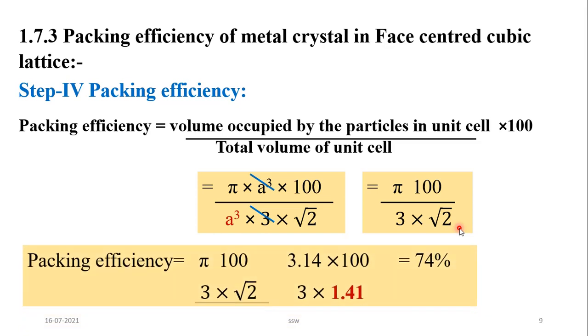If you solve this, then we get 74%. So pi into 100 divided by 3 into root 2, where the value of pi is 3.14 into 100 divided by 3 into the value of root 2, which is 1.41. If you solve this, the value is 74%. So the packing efficiency in face centered cubic lattice, cubic close packing or hexagonal close packing is 74%.